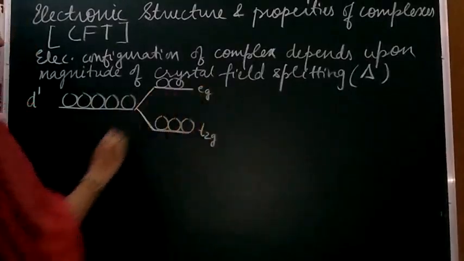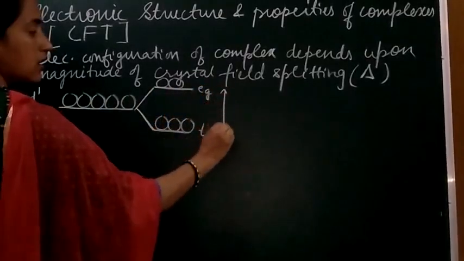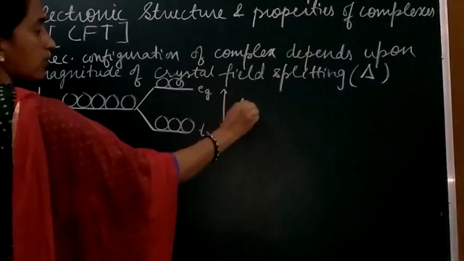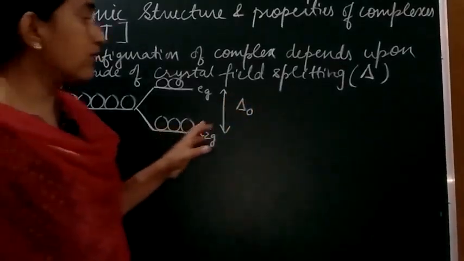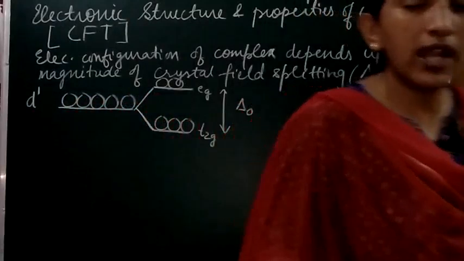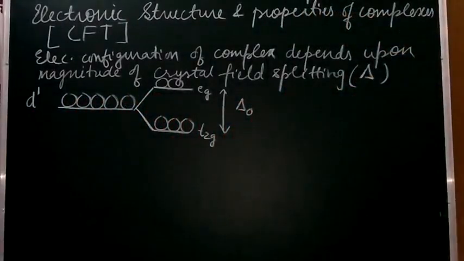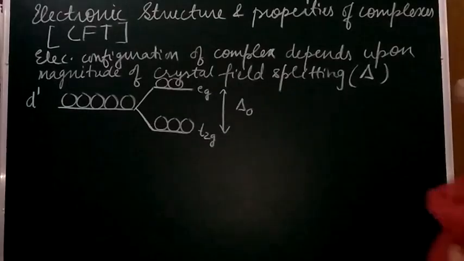This I am drawing for the octahedral complex. That's why the crystal field splitting here is shown as delta naught.